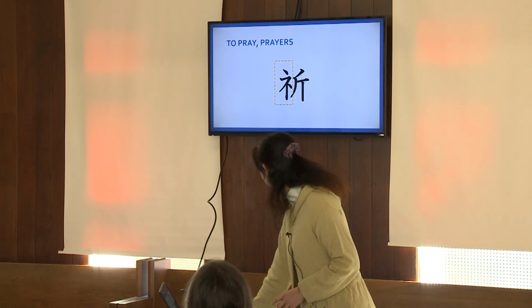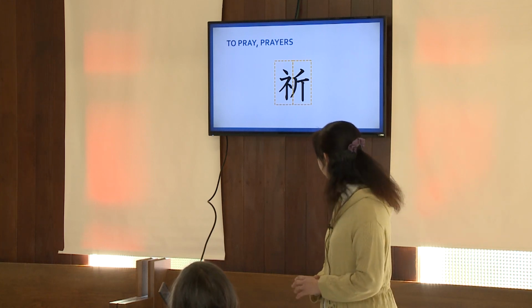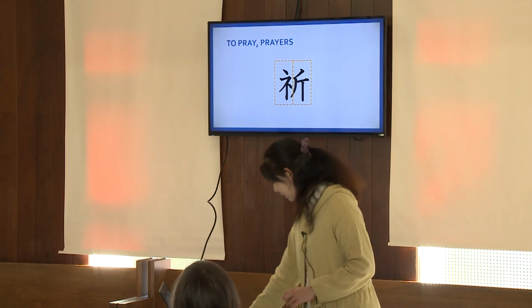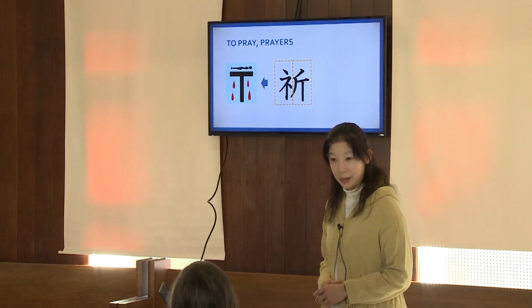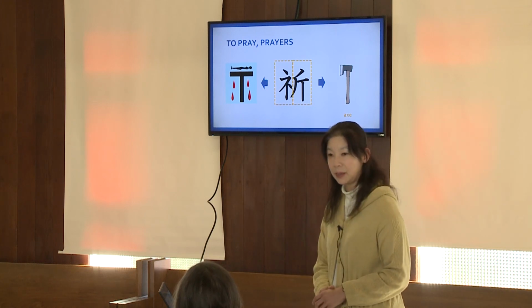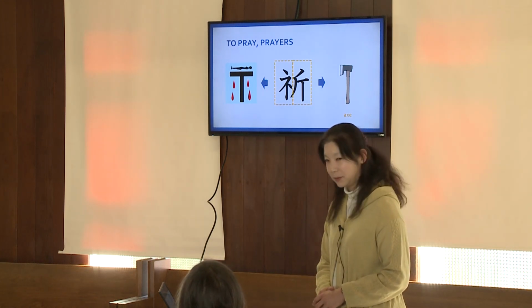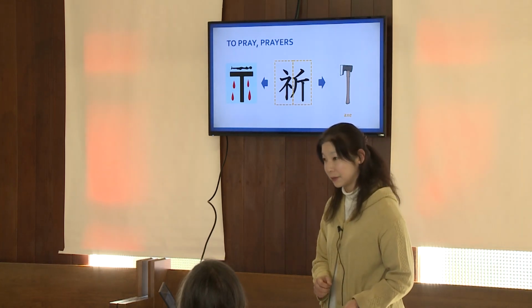And again, they consist of two parts. The left one you recognize, it was like this. And the right part is axe. What does axe have to do with prayer or to pray?